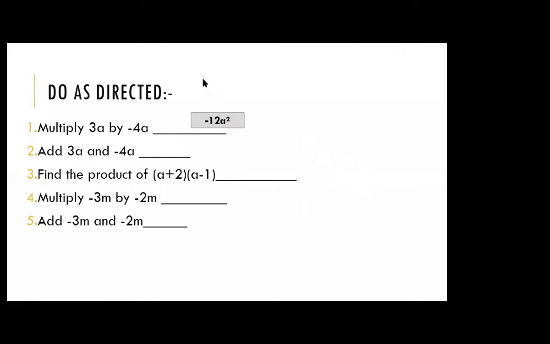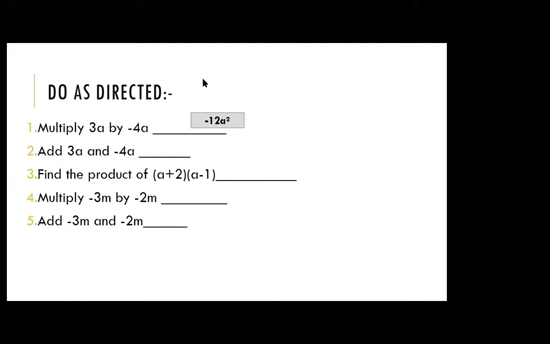What about the question number 2? Here, raise your hand so that I can unmute you. Please raise your hand so that I can unmute you to get the correct answer. Please unmute yourself. Okay.